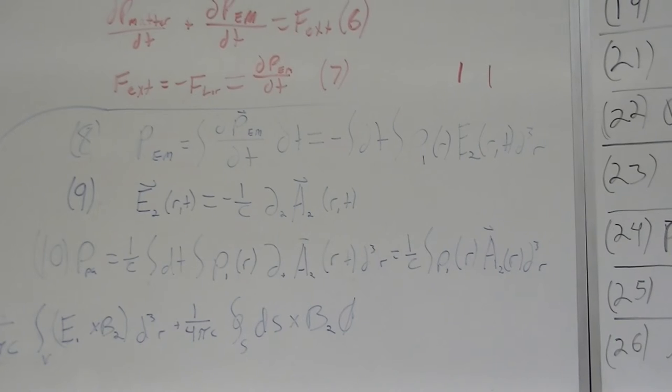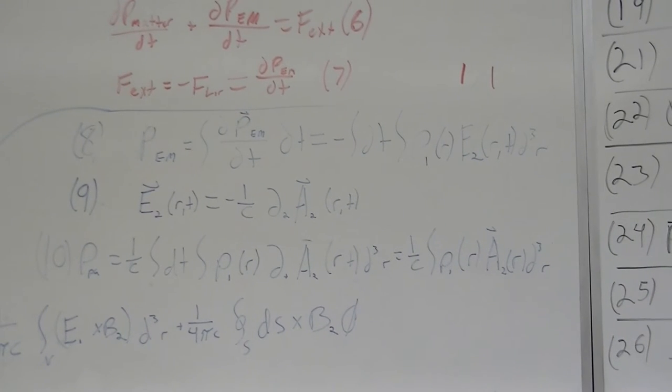So it is the rate of change of the electromagnetic momentum with only rho 1, which is the charge distribution, with no initial electromagnetic momentum.